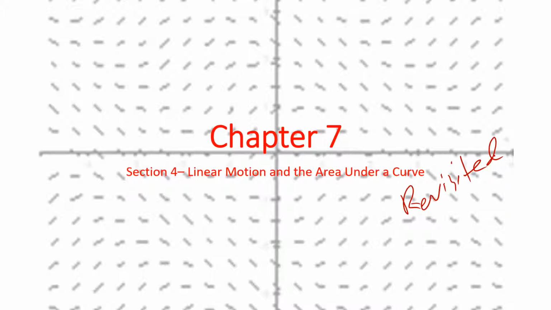And sometimes, we've done a lot of linear motion where we're given the distance or position function, and we've found velocity and acceleration. But now, being able to take the antiderivative or the direct integral, we can go backwards. Given a velocity or even acceleration function, we can find the distance or position of the particle.